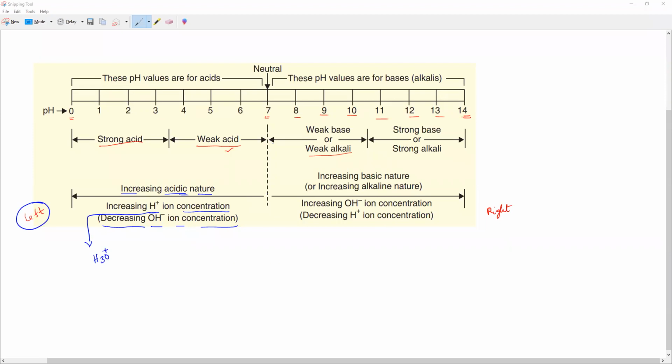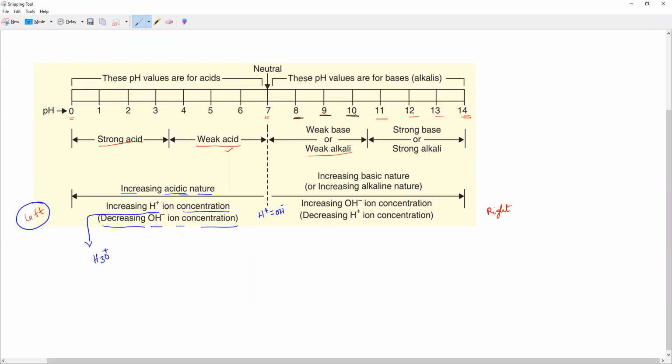Now from the 7, if you notice, at 7, as we all know, H plus ion concentration is equal to OH minus ion concentration. That's fine. We don't have any problem with that. Next, from 7 you can see 8, 9, and 10. They are usually considered as what, everybody?